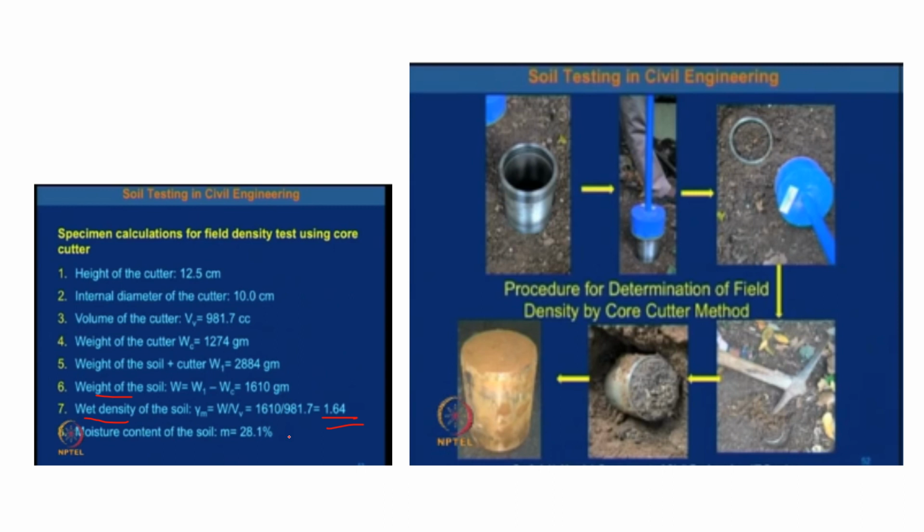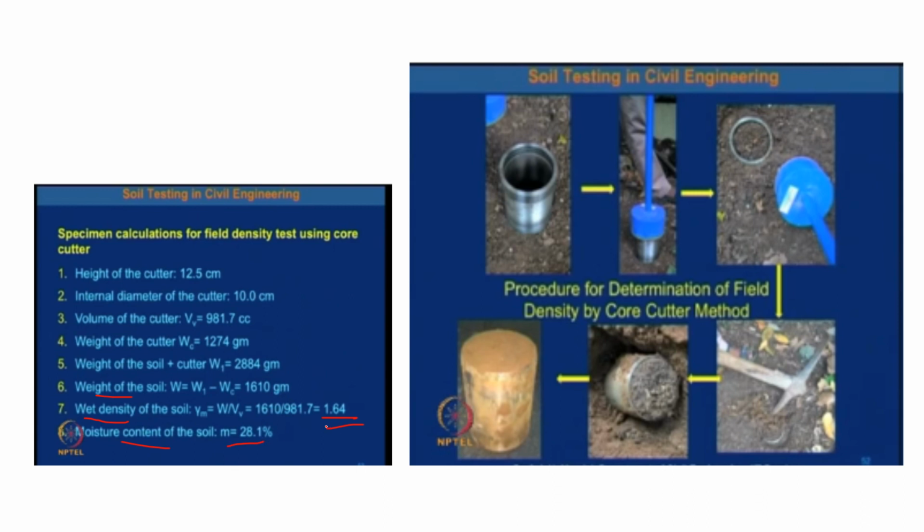You also take a sample of soil and keep it for the water content. How do you measure water content? What is the formula? Weight of wet soil minus weight of dry soil, divided by weight of dry soil, times 100. That gives you the moisture content or water content.